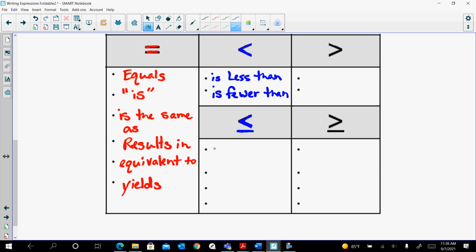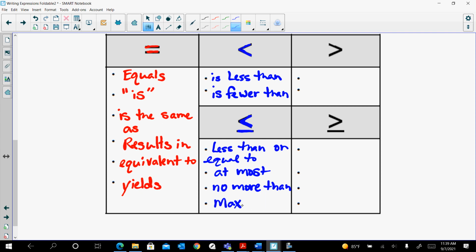So yes, it is read less than or equal to. But the most common phrase that goes with this symbol is when I say at most. If I read at most, then I have to use that symbol above. Or if you read the phrase no more than, I have to use the symbol above. And then the last common word with that symbol is maximum.